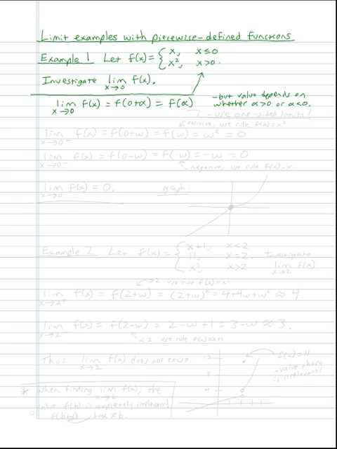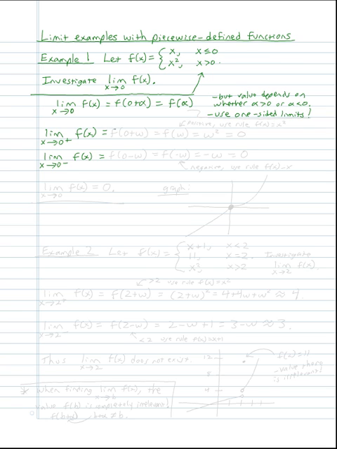When our value of alpha, whether it's positive or negative, matters, the idea we've seen before is to use one-sided limits. And that's what we'll do here. So we'll look separately at the limit as x goes to 0 from the right of f of x and the limit as x goes to 0 from the left of f of x to see what those might be.